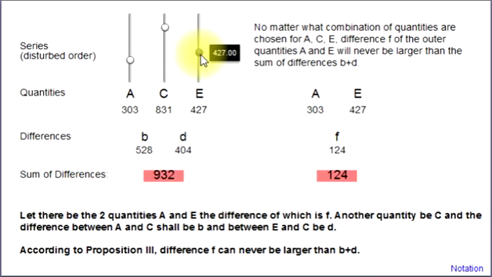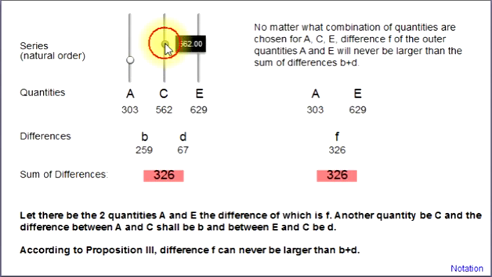And you can actually see, as long as the middle element is between the quantities of the two outer elements, the sum of differences and the difference of the outer quantities is always going to be the same. But never ever is it going to be the case that the difference between those outer quantities is going to be larger.